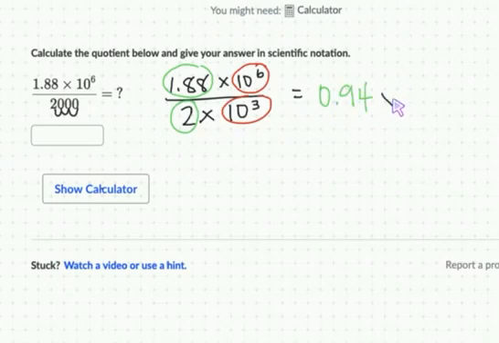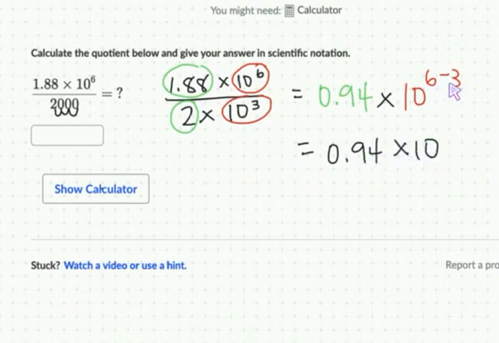The back number is going to follow exponent rules. So I have 10 to the, this is subtraction, top minus bottom, 10 to the whatever that answer is. So it's going to be 0.94 times 10 to the 6 minus 3, which is the 3rd power.